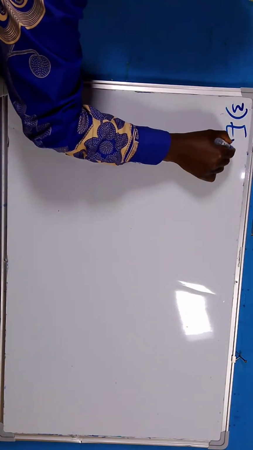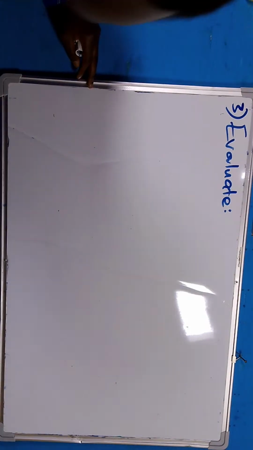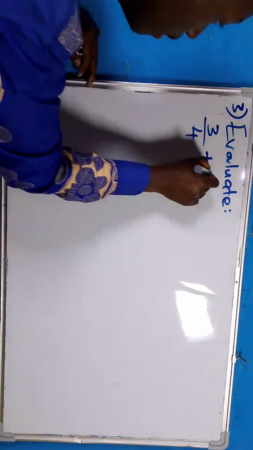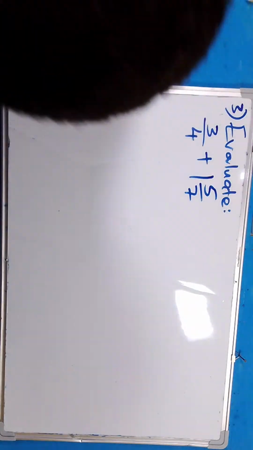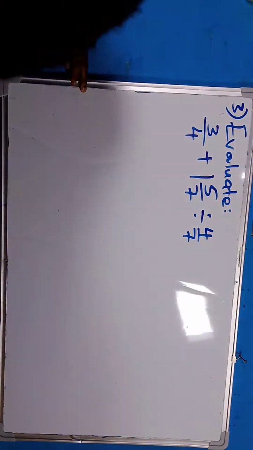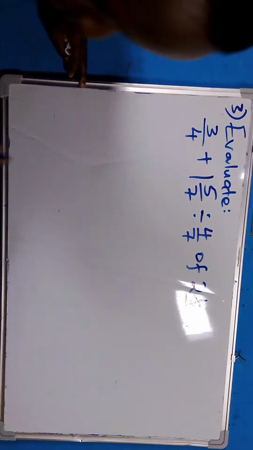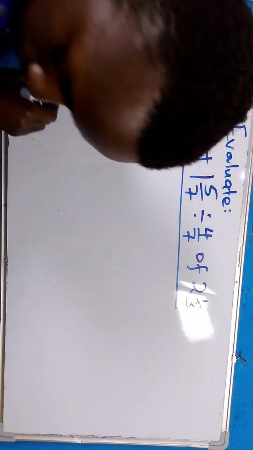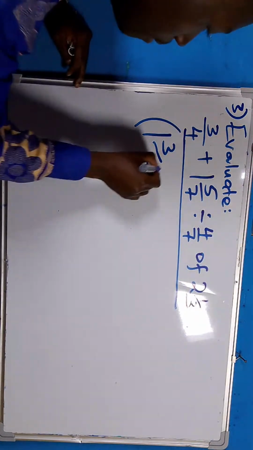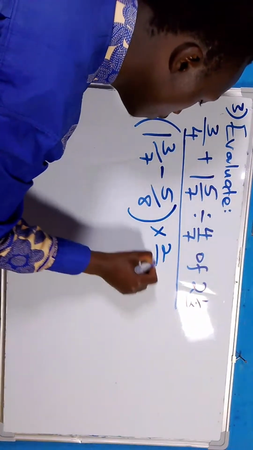Example 3. Evaluate 3 over 4 plus 1 whole 5 over 7 divide by 4 over 7 of 2 whole 1 over 3, over a bracket 1 whole 3 over 7 minus 5 over 8, times 2 over 3.